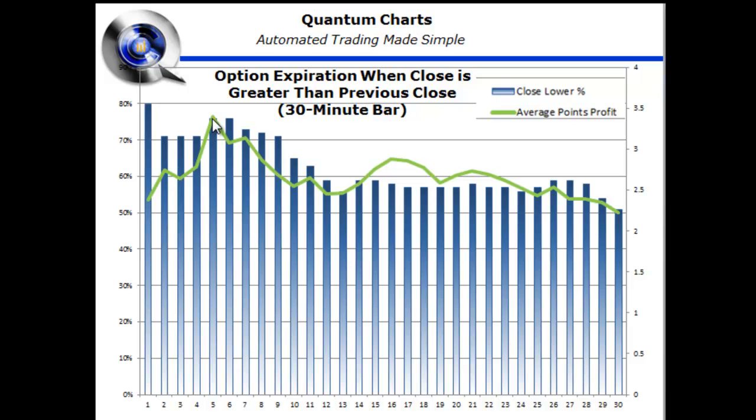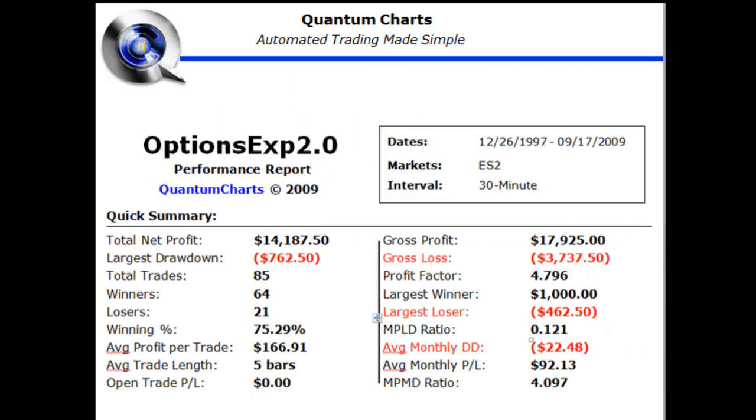So just by adding that one simple condition, we enhance the market movement stats tremendously. So now we know that this is probably going to be a better trade. So what we do is apply the same exit, and with that exit from 1997 to 2009, the net profit was a little bit lower, but it was on almost half the trades.